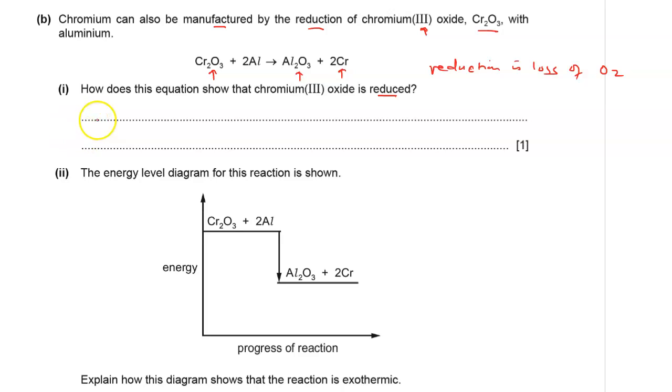Therefore, how does this equation show that chromium is reduced? Chromium 3 oxide loses oxygen and is reduced to chromium metal. So it has undergone a reduction right there.